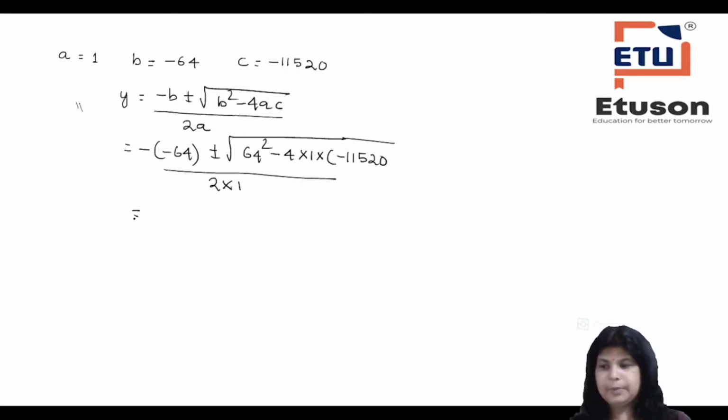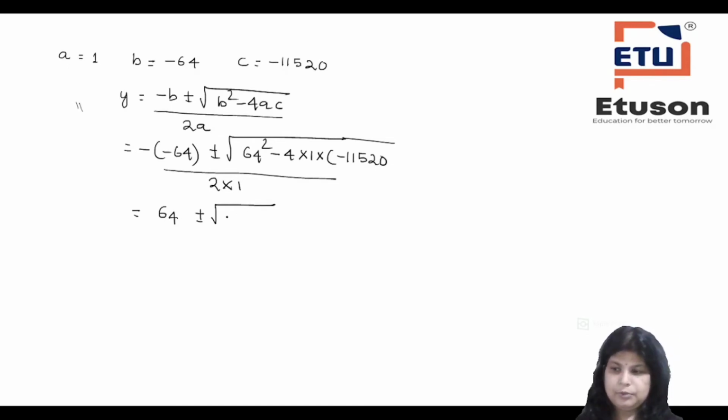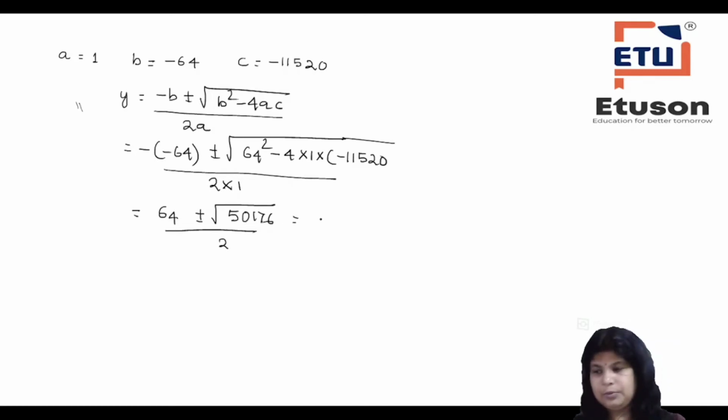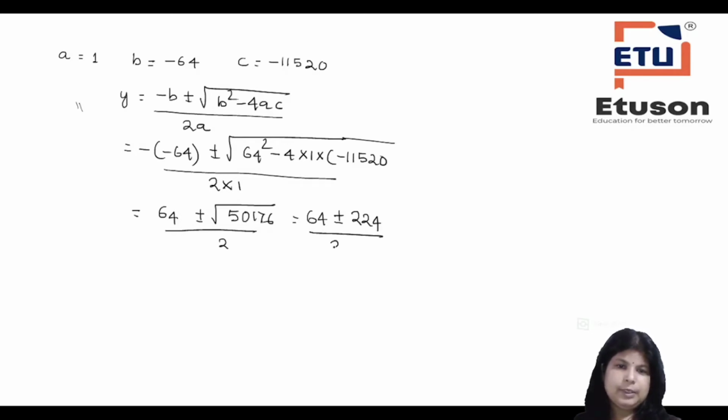If you solve it, you'll get 64 plus or minus square root of 50176 divided by 2. So square root of 50176, if you find out, it will be 224. So you will get 64 plus or minus 224 divided by 2.